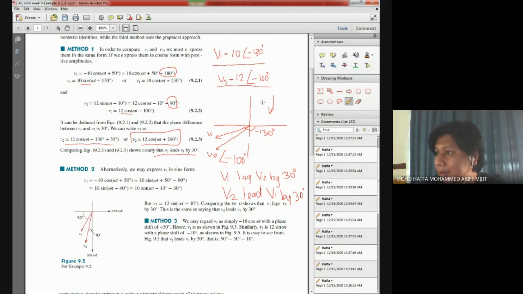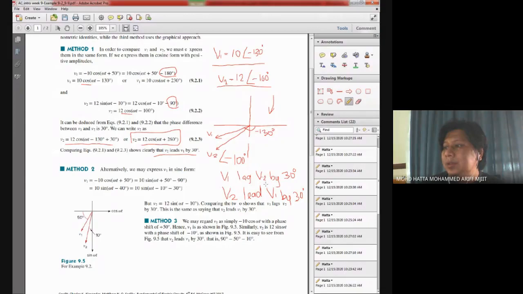And by this graphical representation, it's easier for me to know which one is lagging, which one is leading, since the question itself is asking about lead. So I need to write V2 leads V1 by 30 degrees.